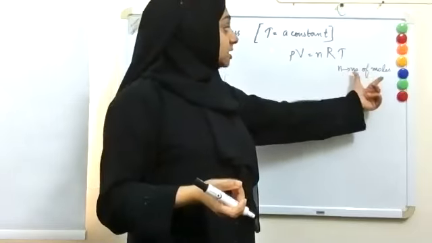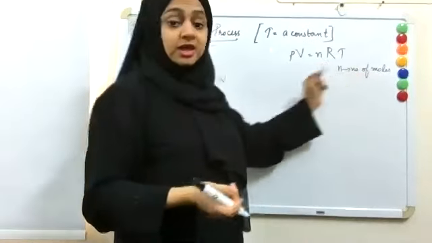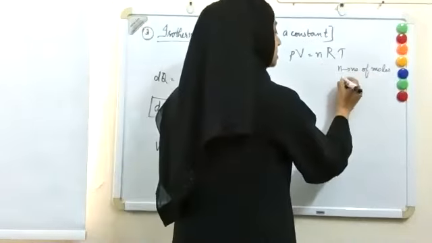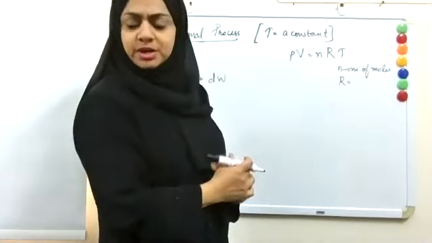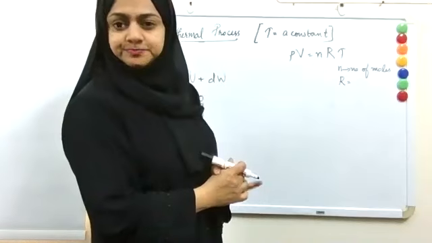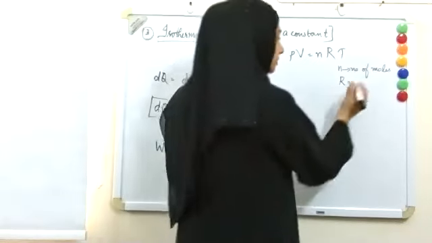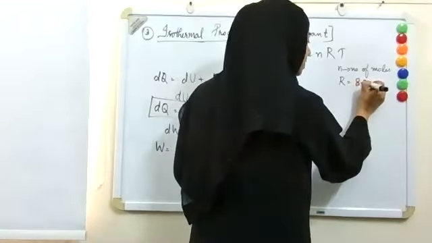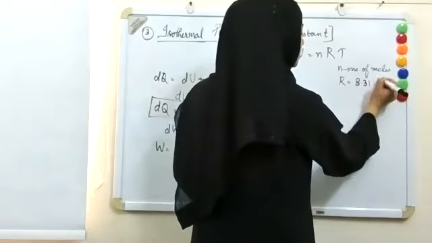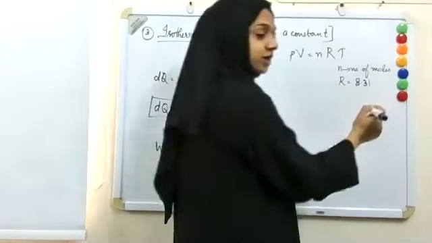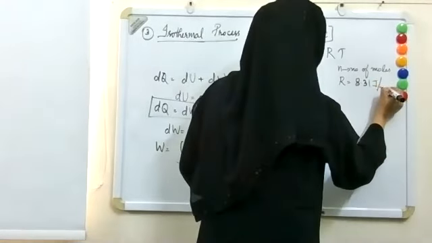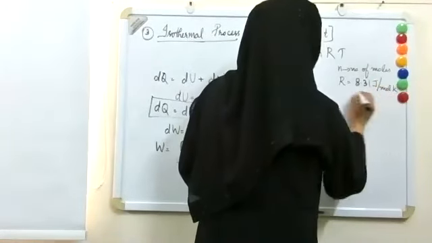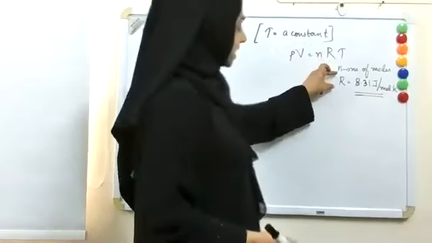And what is R? R is the universal gas constant. And do you remember its value? It's 8.31 joule per mole per Kelvin. So this is the universal gas constant.